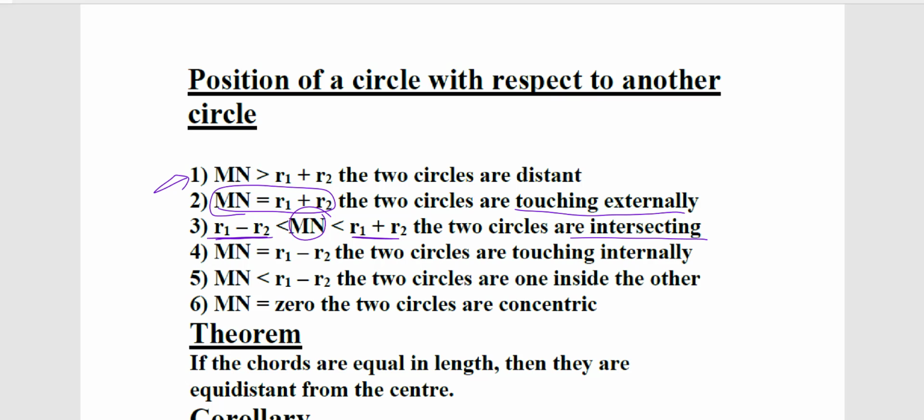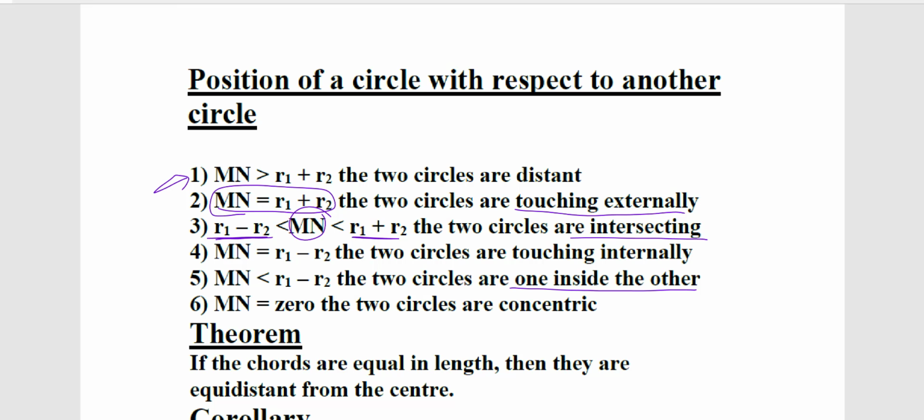This position is called one of them is inside the other. Here, the distance between the two centers is smaller than the difference between their radii. The small circle is completely inside the big circle.